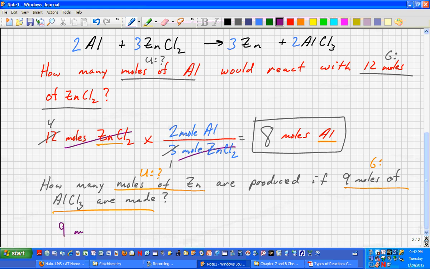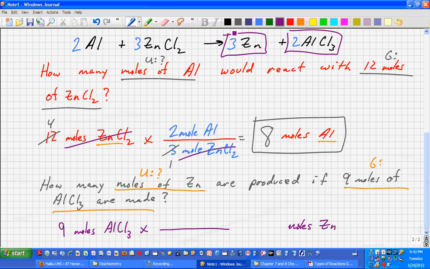I've got 9 moles of aluminum chloride, AlCl3, and I'm trying to get to moles of zinc. My molar ratio, I'm going to box in the two things that I'm interested in. I am interested in aluminum chloride and zinc. Those are my given and my unknown material.